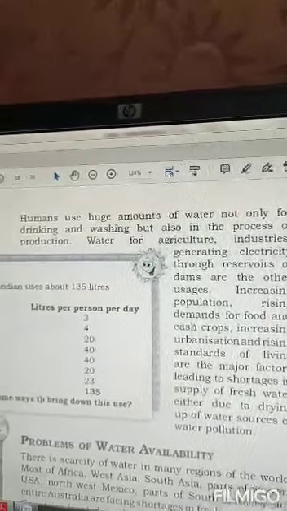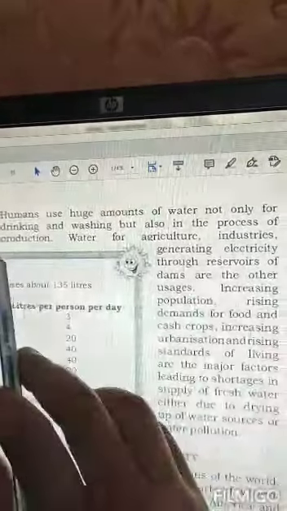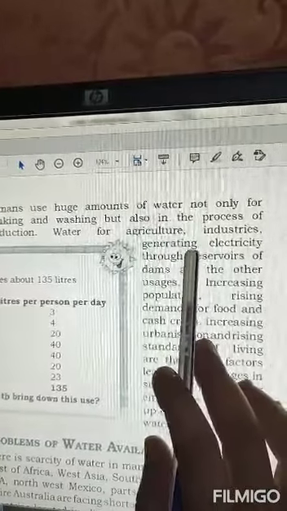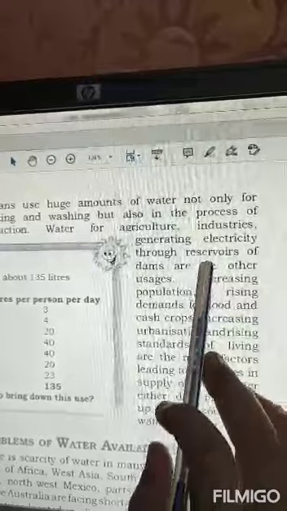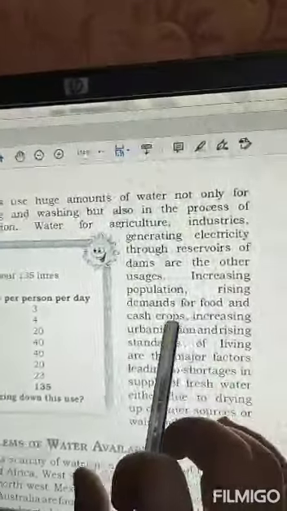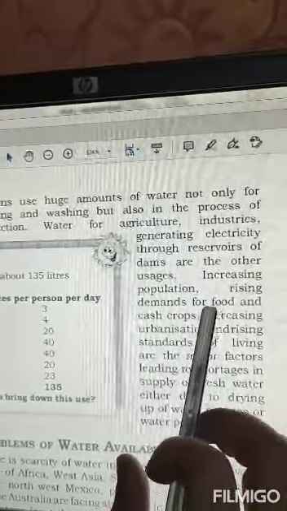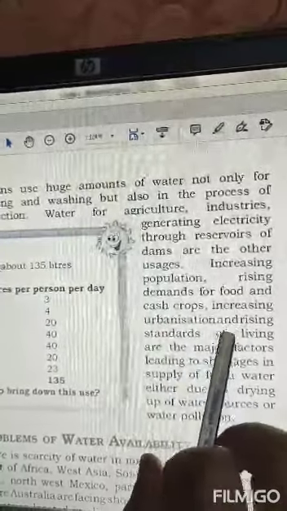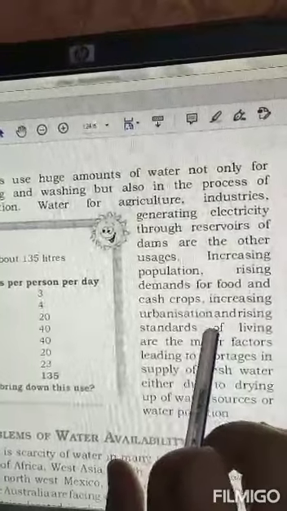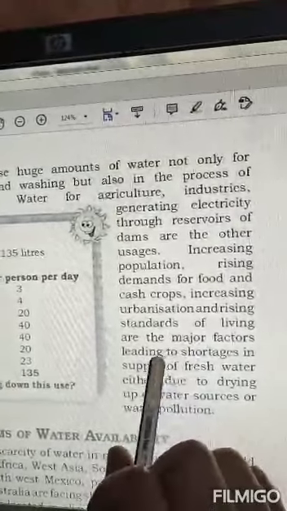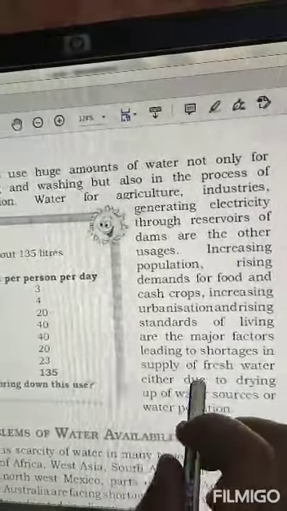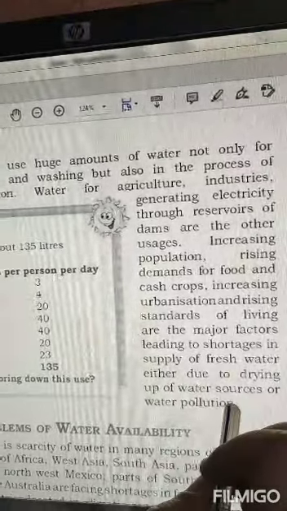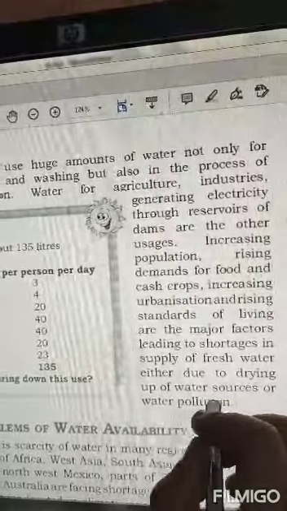Now, water is not only used for drinking and washing, but for other purposes like agriculture, industries, and generating electricity through reservoirs of dams. And with increasing population, rising demands for food and cash crops, increasing urbanization, meaning increasing of cities, and rising standards of living, these are the major factors why fresh water is in shortage and many water sources are drying up.